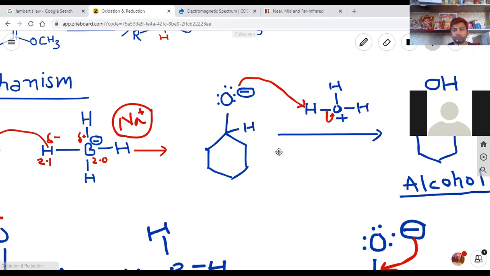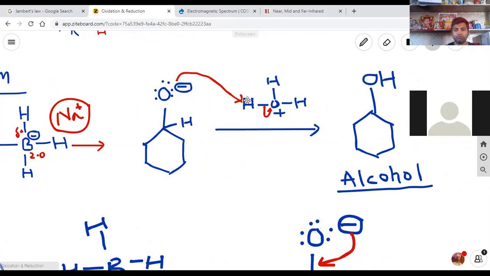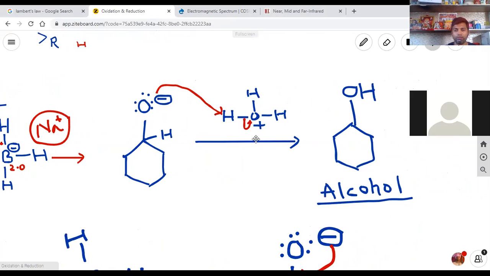Now from the solution in acidic medium, this oxygen will abstract one hydrogen from the hydronium ion, and water will be released. And it will form the final product, the alcohol.